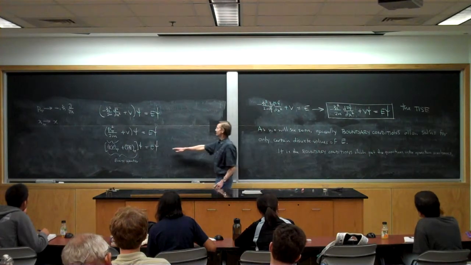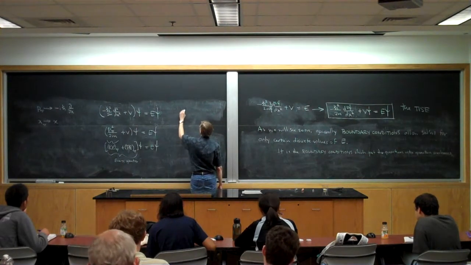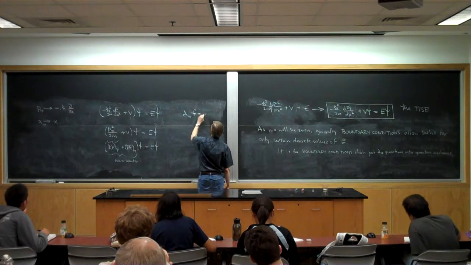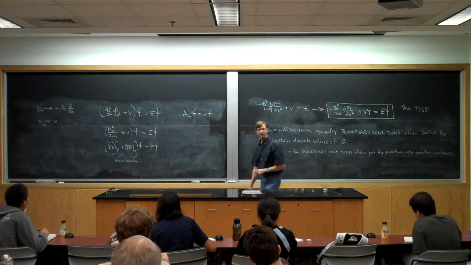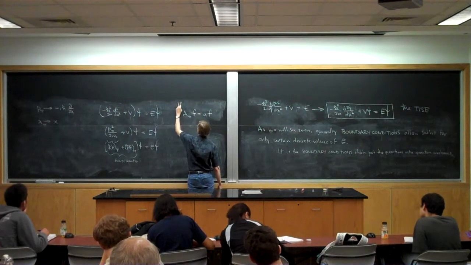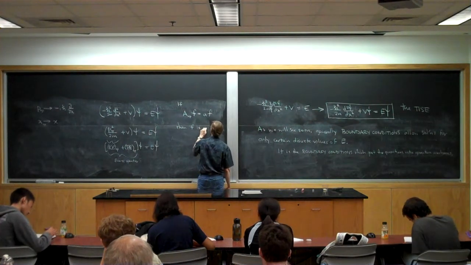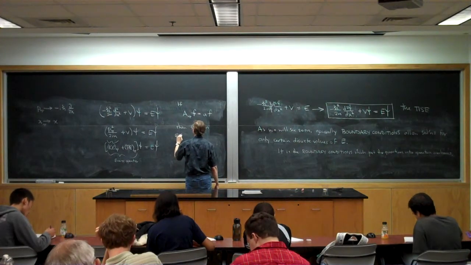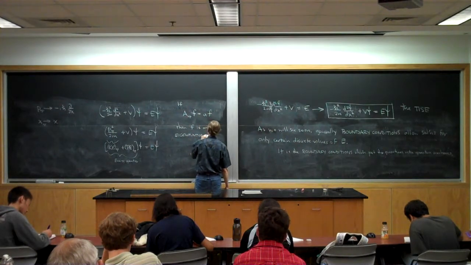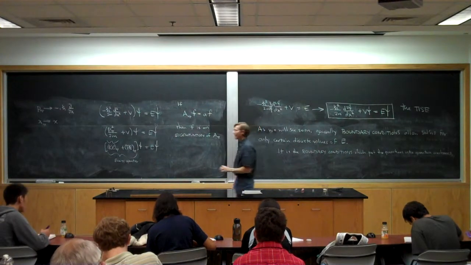If you have an equation of the form, I'll just write generically, if I've got some A operator times a function f is a number times that same function, then f is said to be an eigenfunction of the operator A with eigenvalue little a.